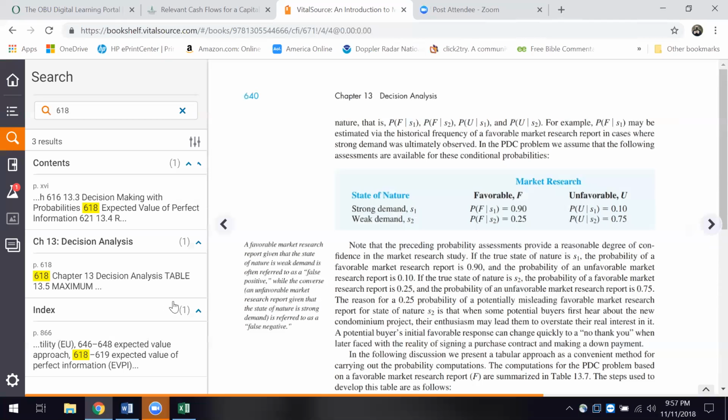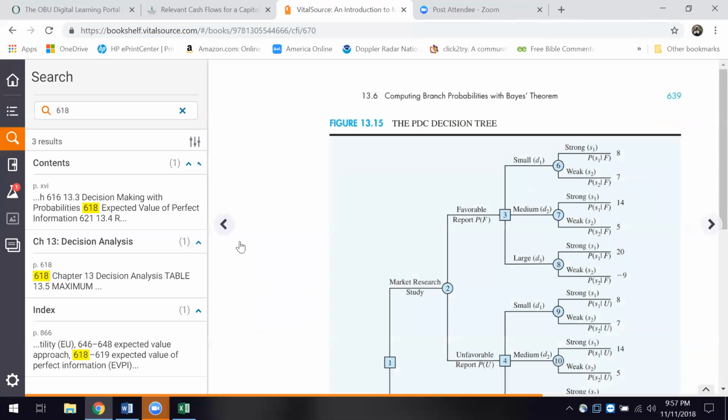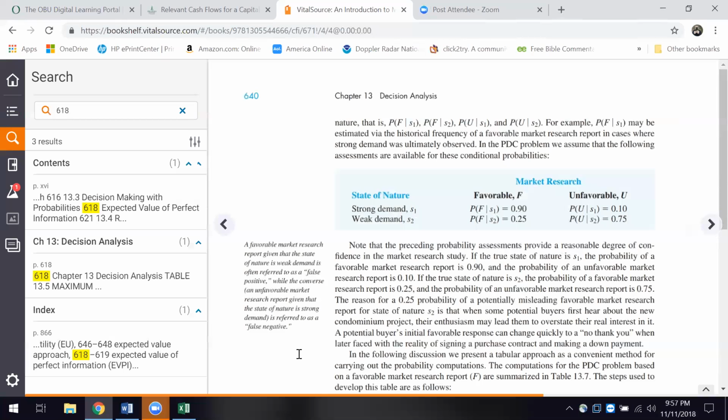Now, this little blurb right here, let me go back here, is really good because they talk about false positives and false negatives.